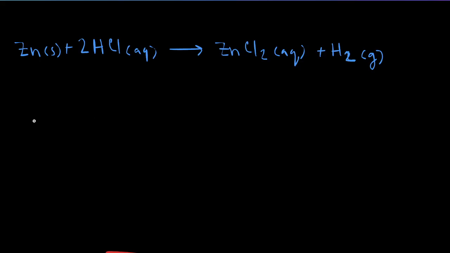Now, for step 2, we break this up into its ions, giving us our total ionic equation. Okay, zinc is a solid, so it stays as it is. HCl can be broken up into 2H plus and 2Cl minus.